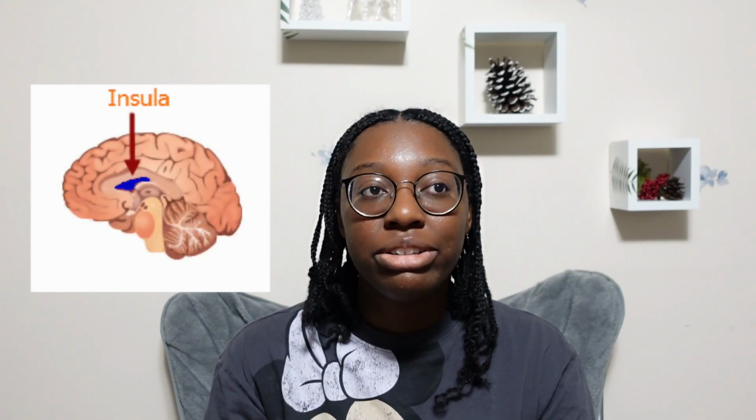The insula is responsible for receiving interoceptive signals, so it helps you tell what's going on inside of your body, to identify and interpret it. If you get damage to that part of your brain, that can lead to alexithymia because you're no longer able to interpret your emotions based on what you're feeling inside your body.